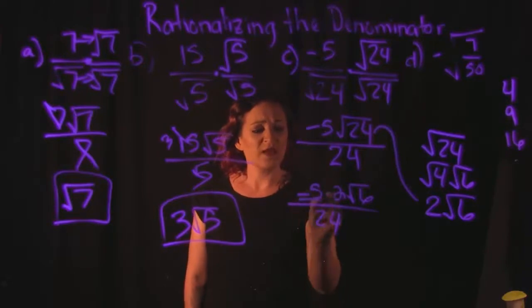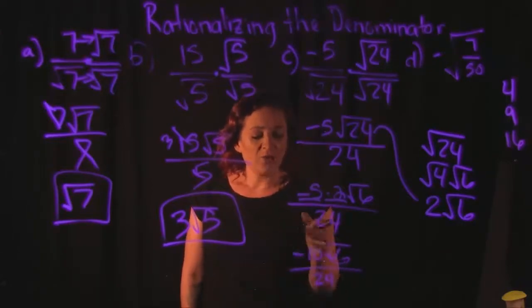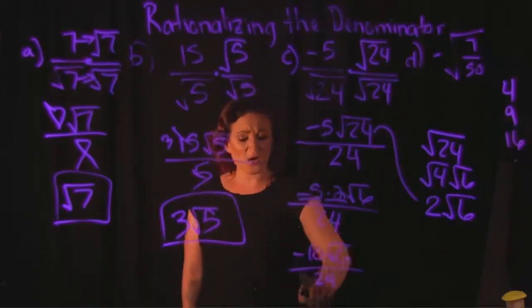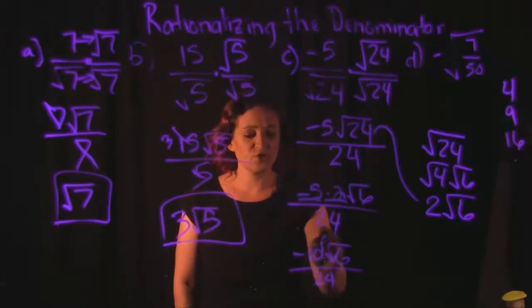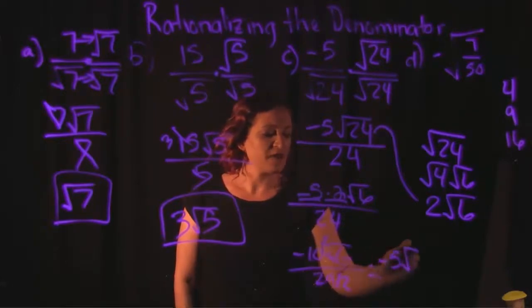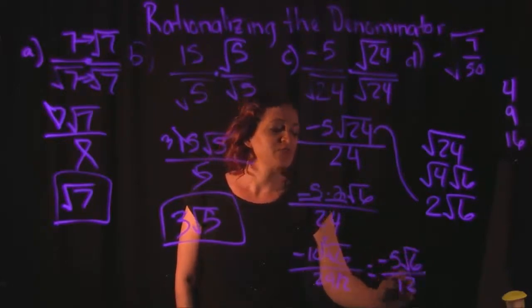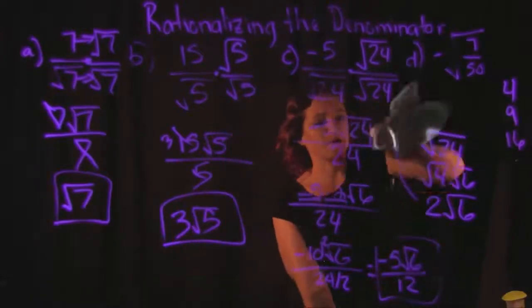In the numerator, we have negative 5 times 2, which gives us a negative 10 square root of 6 over 24. And the only thing to do here is to simplify our numbers. 10 and 24 reduce by a factor of 2. So if I divide out a 2 from there, I'm left with negative 5 square root of 6 over 12 as my final answer there.